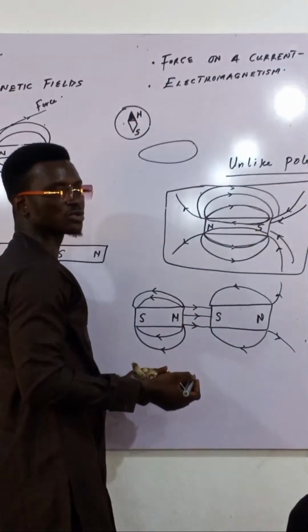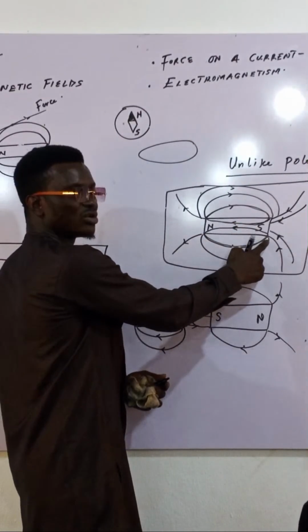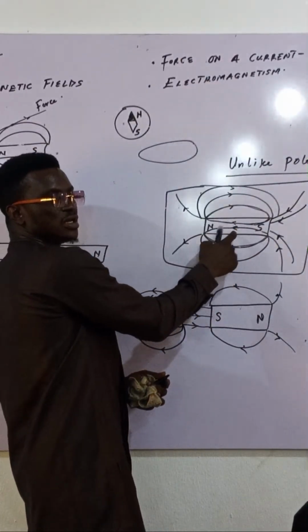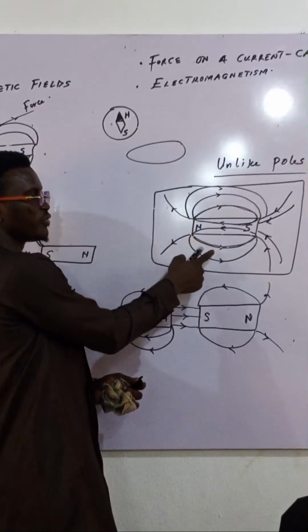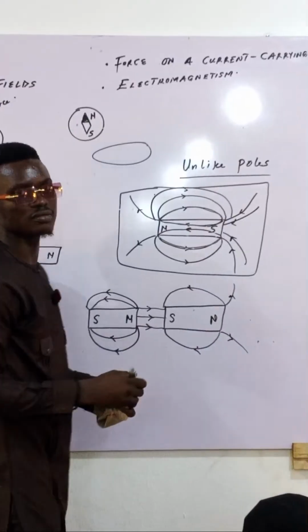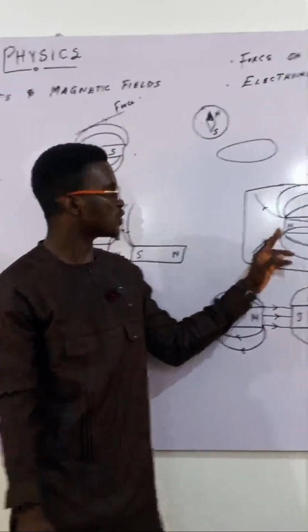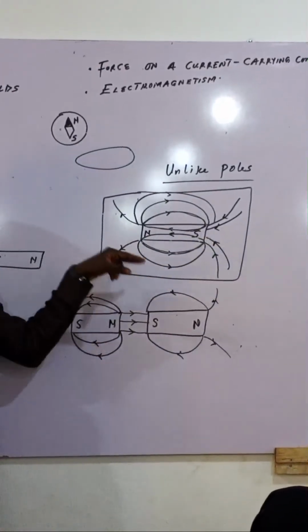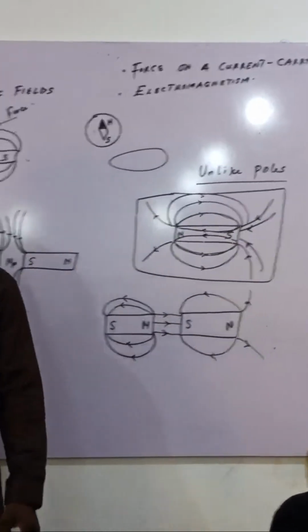That's what we are saying. So outside the magnet, it goes from north to south. Inside the magnet, it goes from south to north. You can see the arrow inside is going away from south, towards north, but outside, it's going away from north towards south. Please note that. Is that taken? So it runs from north to south outside the magnet, then south to north within the magnet, forming what? A closed loop.